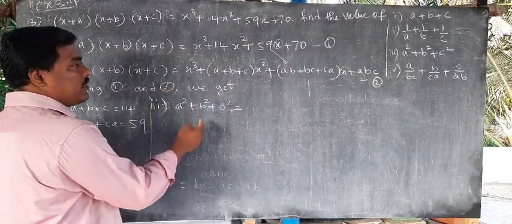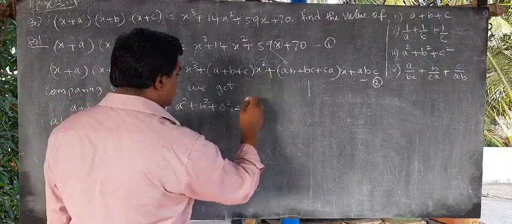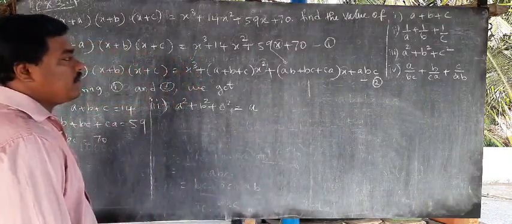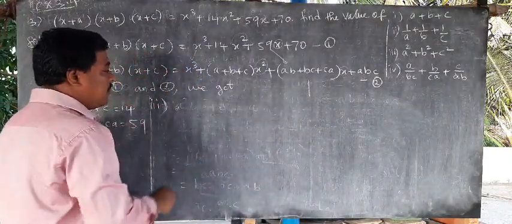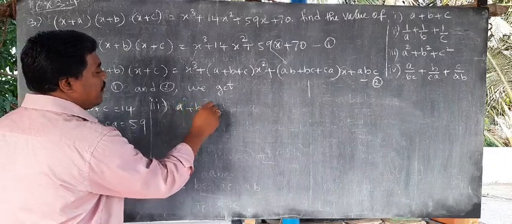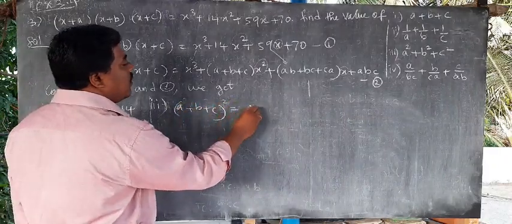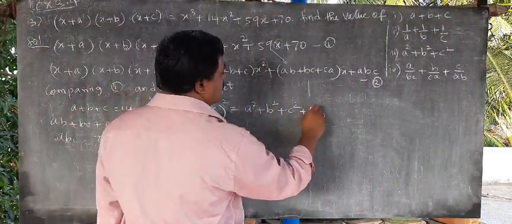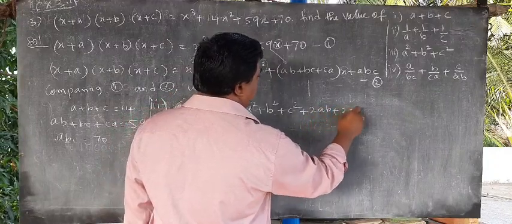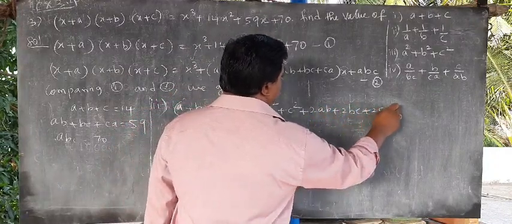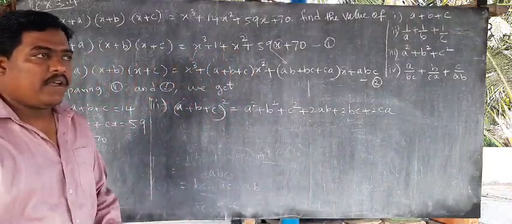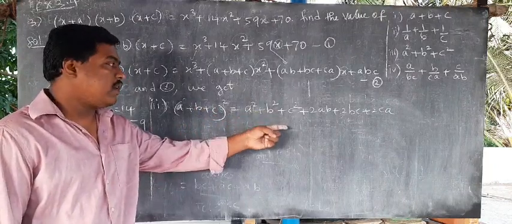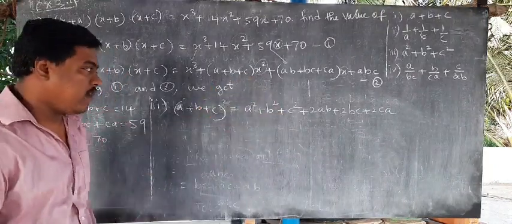So A square plus B square plus C square equals... here what I am doing: A plus B plus C whole square equals what? A square plus B square plus C square plus 2AB plus 2BC plus 2CA. This formula we have.